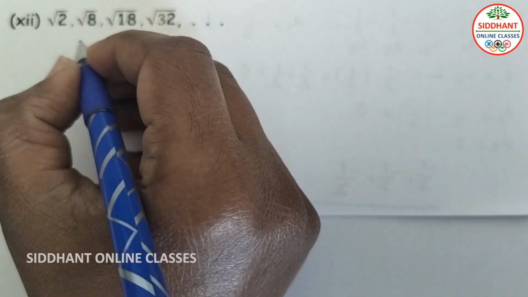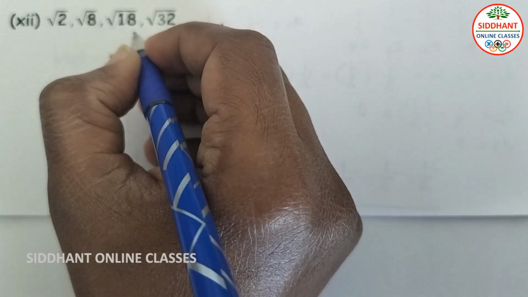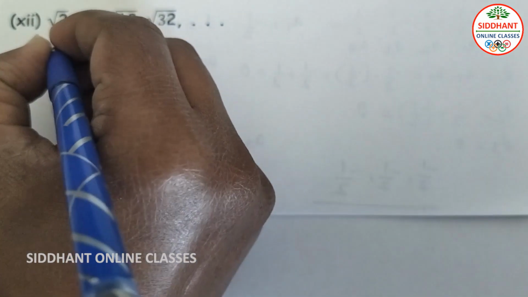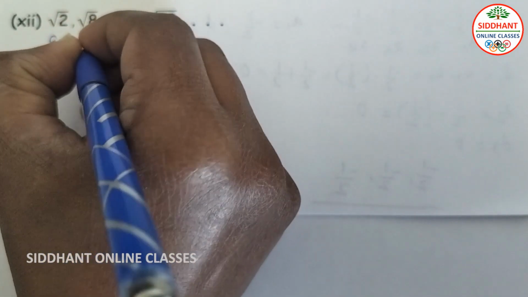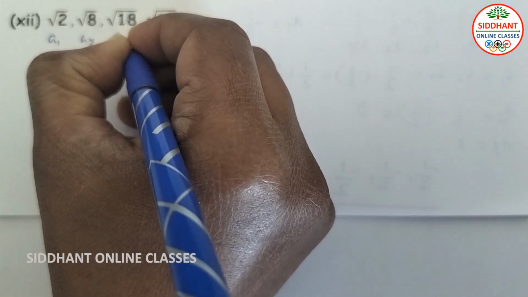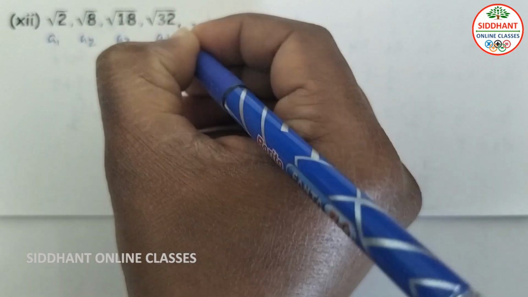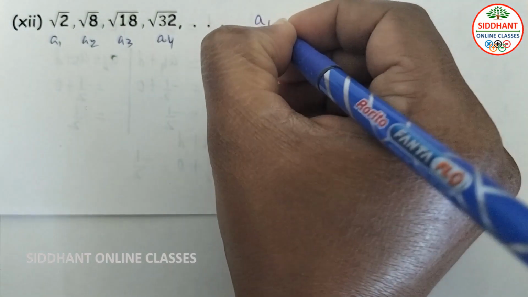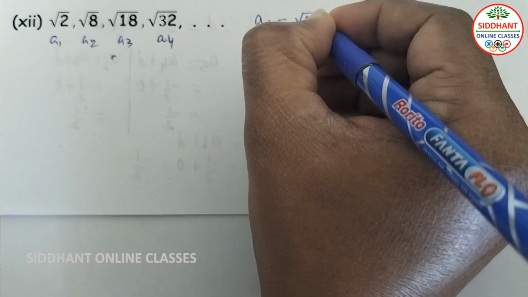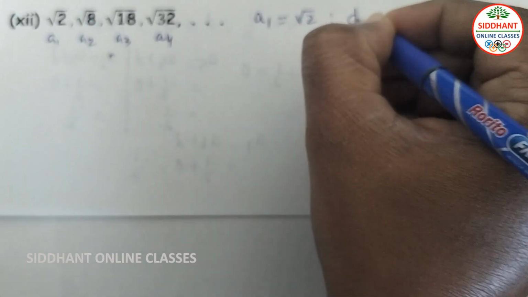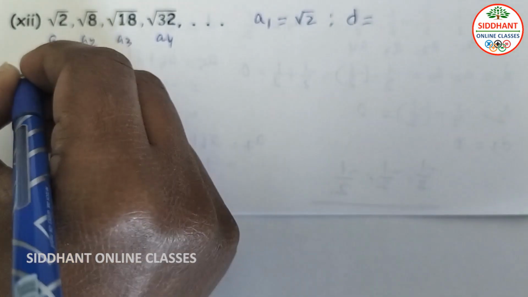12th one, root 2, root 8, root 18, root 32. So let it be A1, A2, A3, A4 here. So A1, which is the first term, is root 2, and D we are going to find out.